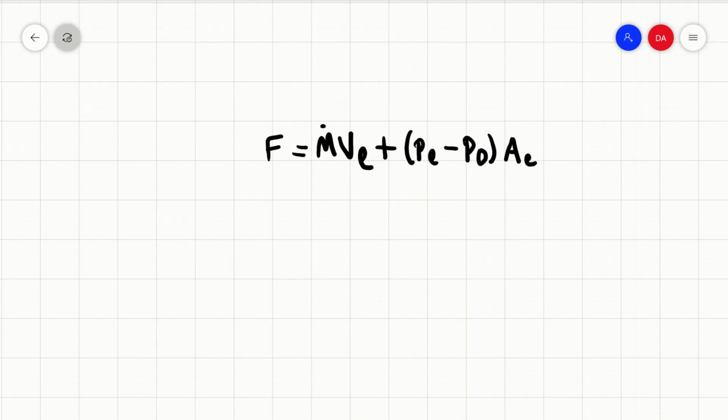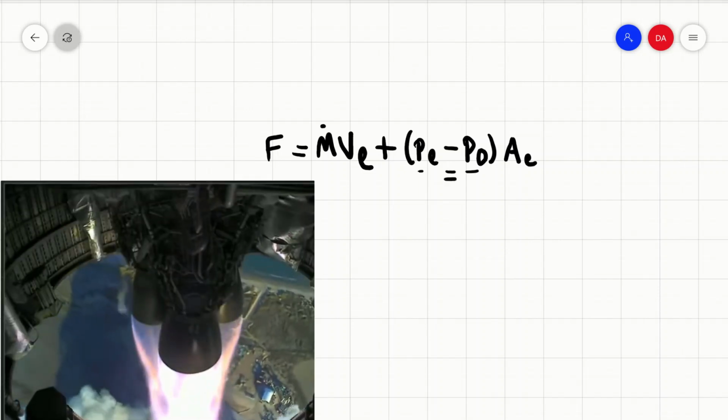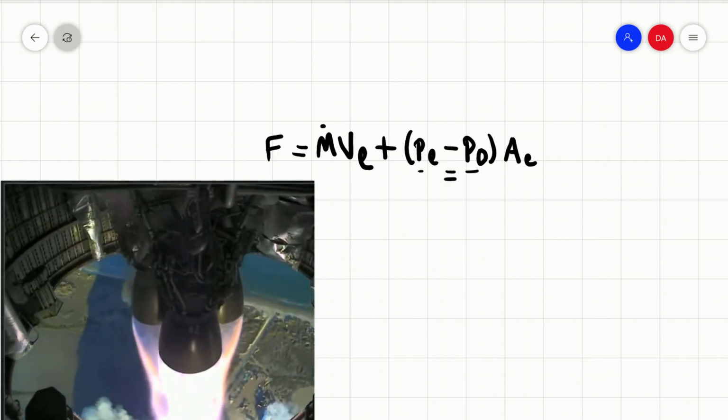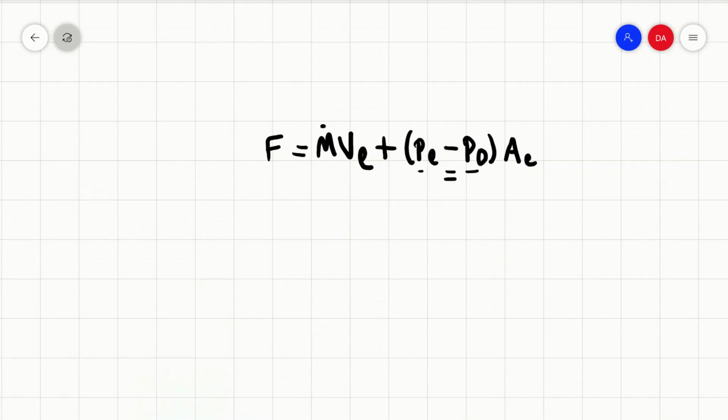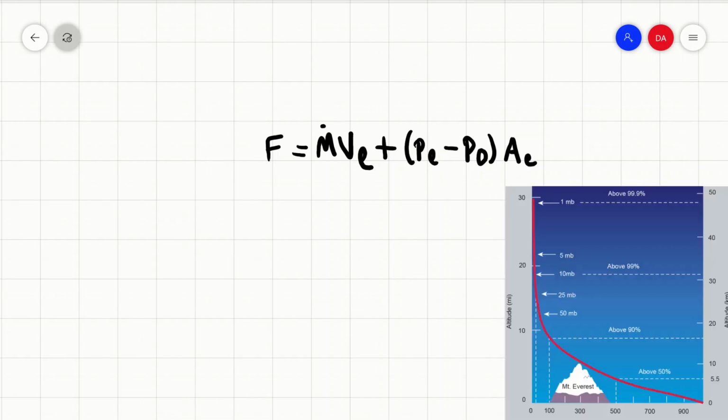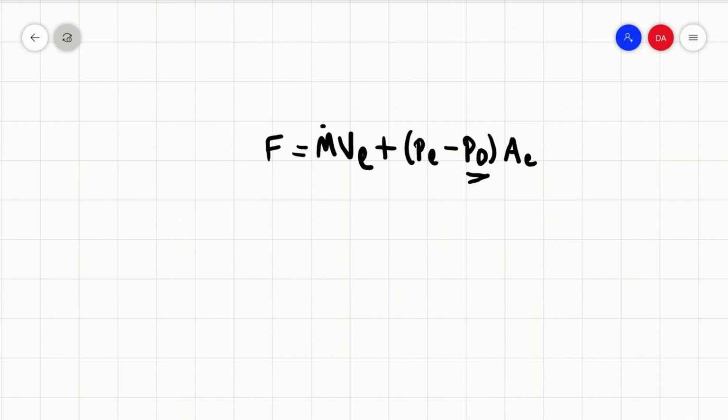Let's say we have a rocket and it's designed so that the pressure of the exhaust, or P_E, is equal to the pressure outside in the atmosphere, P_0, at sea level. Then at sea level, this term will become 0, and this will not contribute anything to the thrust of the rocket. But once you start going higher up into the atmosphere, P_0 starts becoming smaller, and as it gets smaller, the amount this term influences the force will go up.